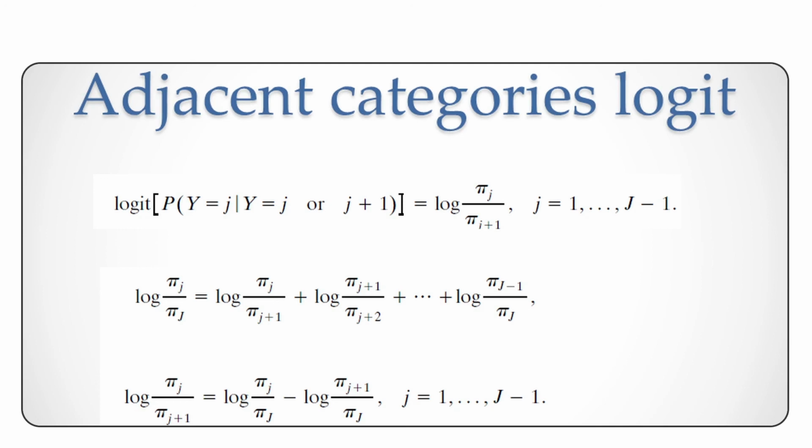For further details on the adjacent categories logit and also another rival model, which is called the logit model applied to the continuation ratio, and to see the situations in which these models could be preferred to the polytomous regression model, you are referred to the book by Agresti.